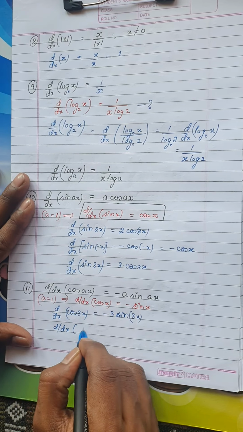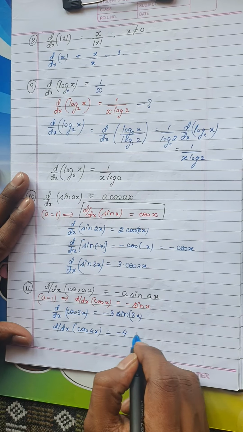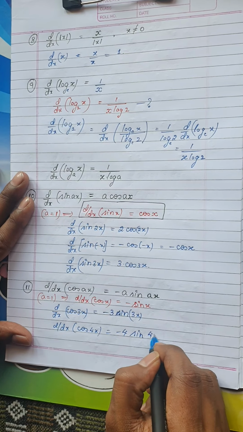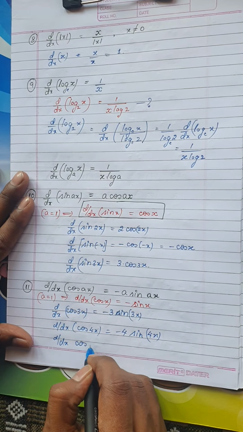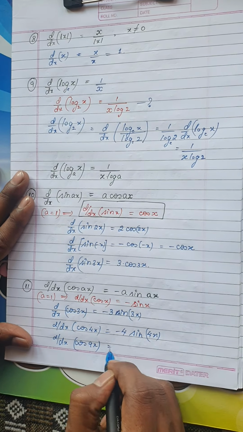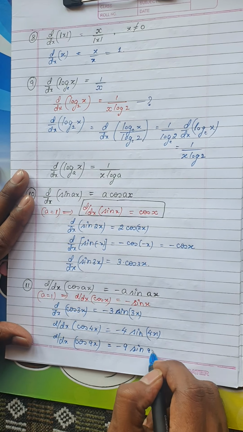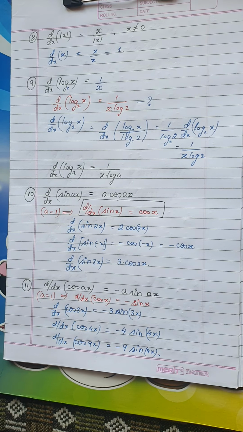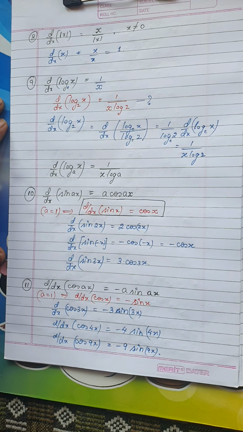If I want the derivative of cos 4x, it is nothing but minus 4 sine 4x. If I want the derivative of cos 9x, this is nothing but minus 9 into sine 9x. Remember these formulas. These are very, very important formulas.